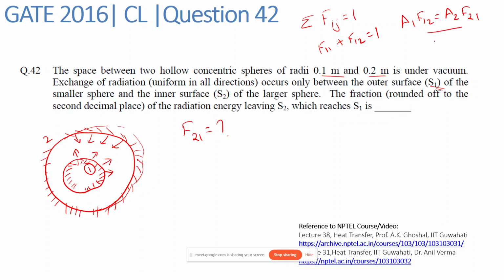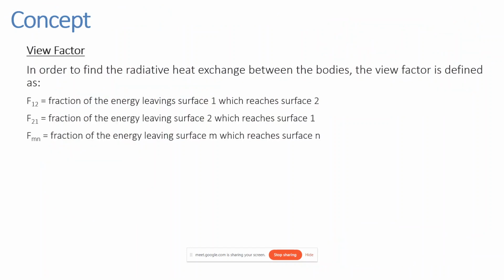This is known as the reciprocity theorem, and this is known as the additivity theorem. These are how the view factors are defined, as I already mentioned: F12 is defined as the fraction of energy leaving surface 1 which reaches surface 2, and F21 is defined vice versa.